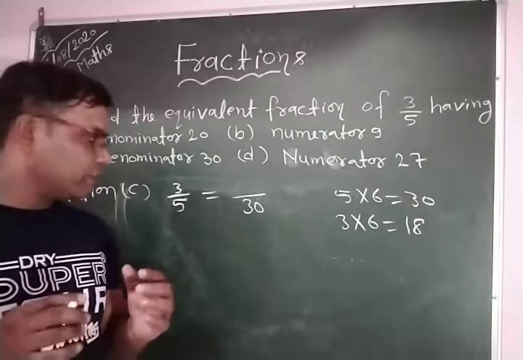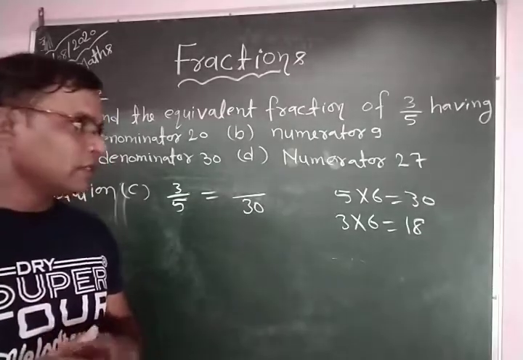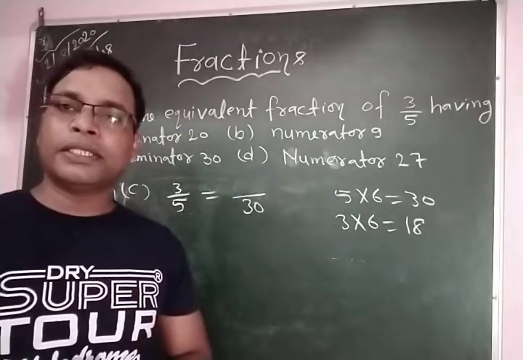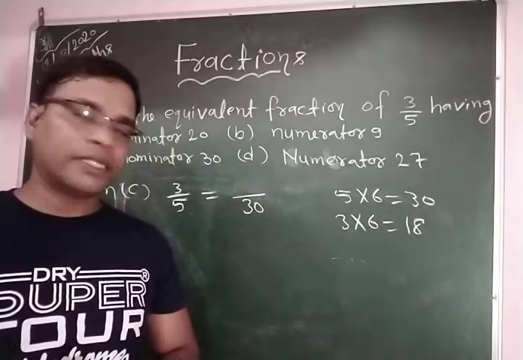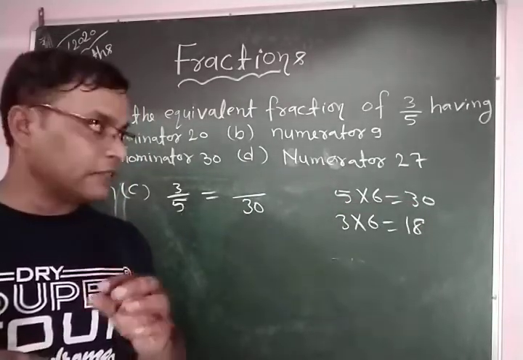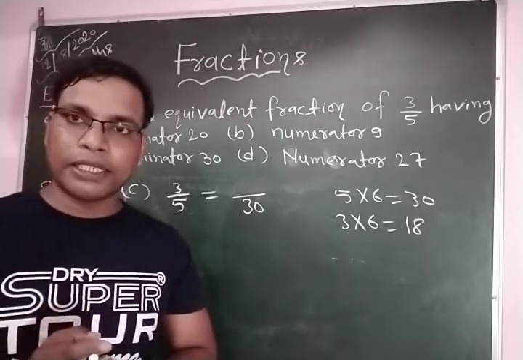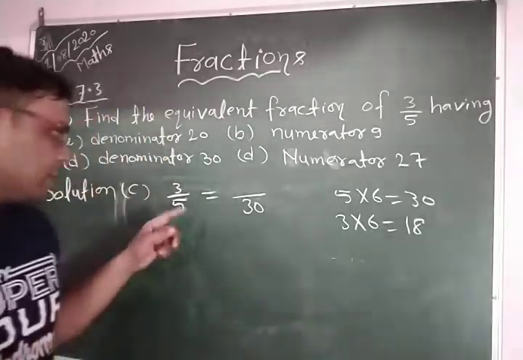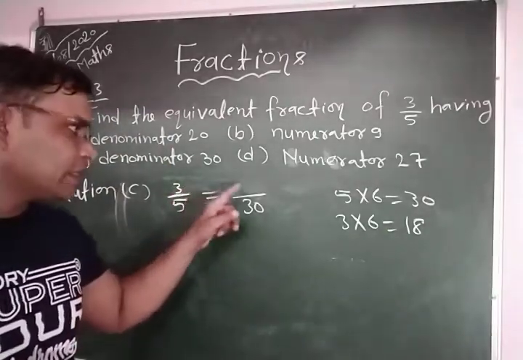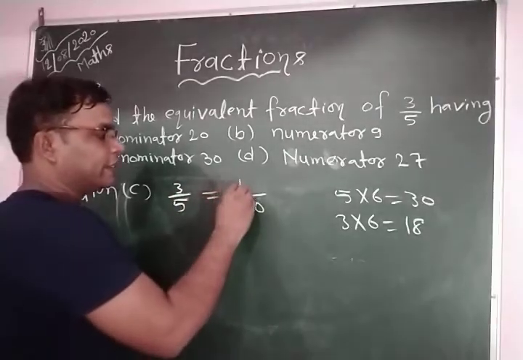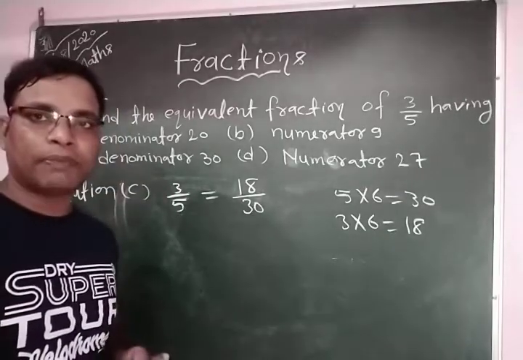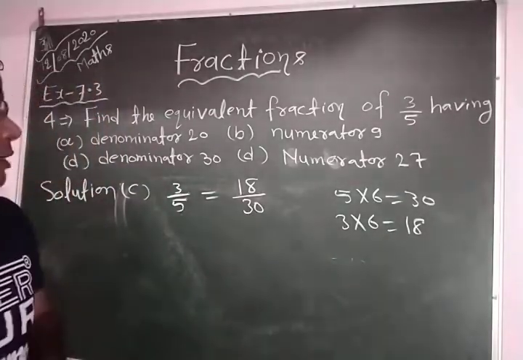So by which number do we multiply 5 to obtain 30? Obviously 5 6s are 30. It means that we multiply by 6 in both the numerator and denominator. So 5 6s are 30, and when we multiply 3 by 6 we obtain 18. Clear? So in this way we find the equivalent fraction of 3 by 5 whose denominator is 30.